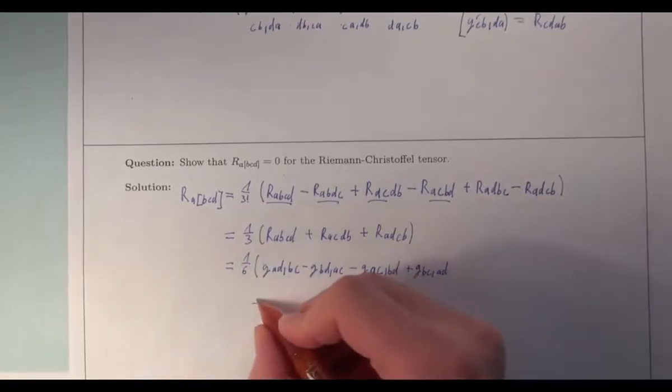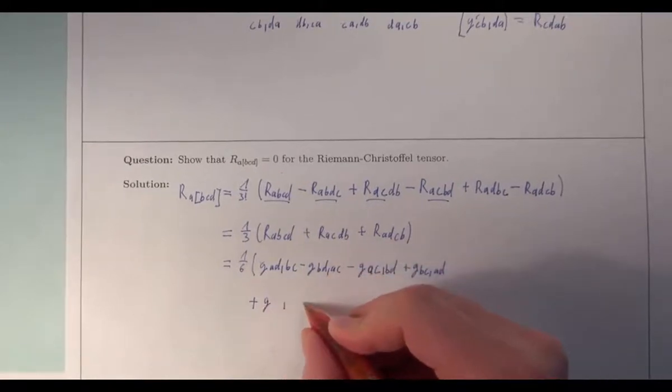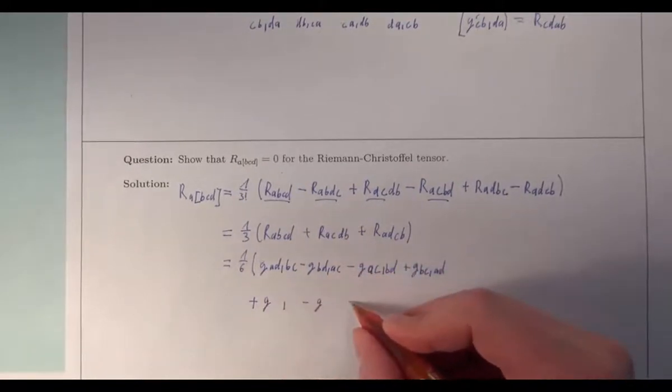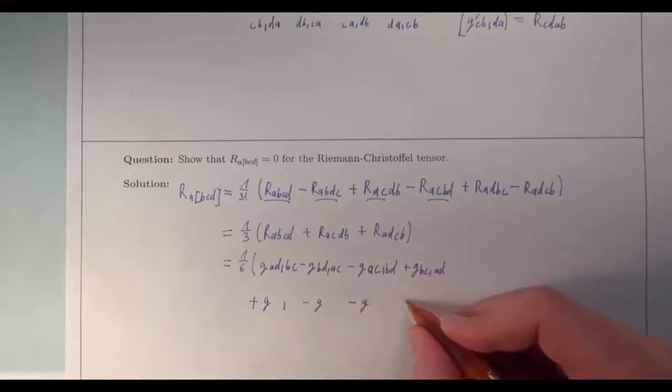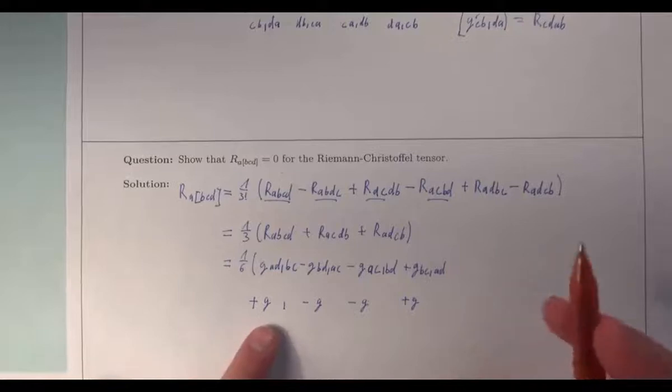The second one, R, A, C, D, B. Okay, I know I have G minus G plus G. And I distribute the indices in the right fashion.